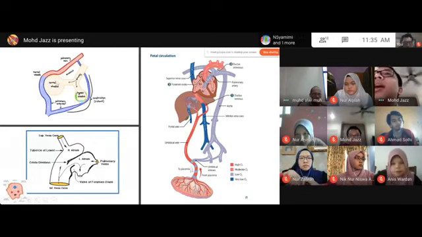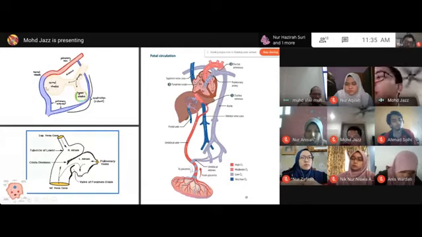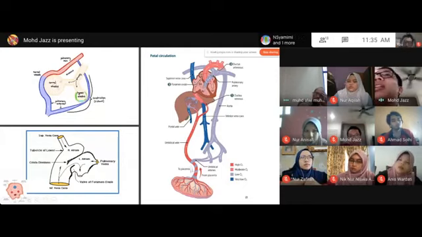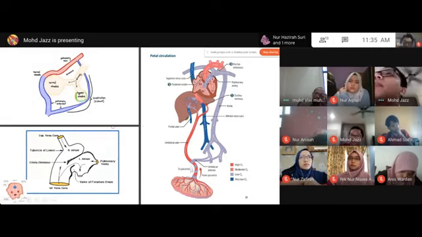But in a transient tachypnea of newborn, there is not enough of the fluid from the alveolus going up. So there will be some retainment of the fluid inside the alveolus, which causes the transient tachypnea of the newborn.